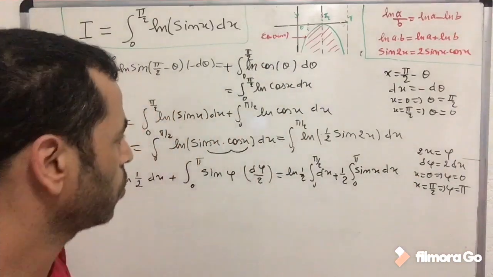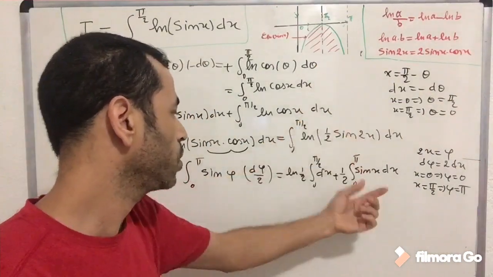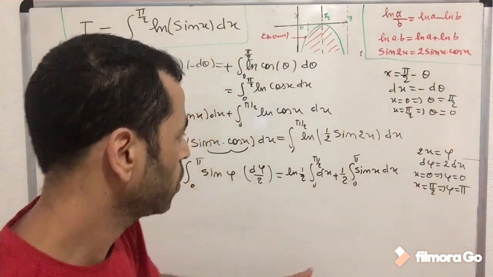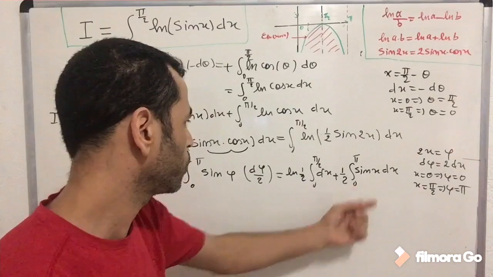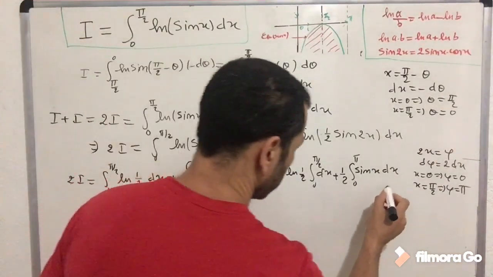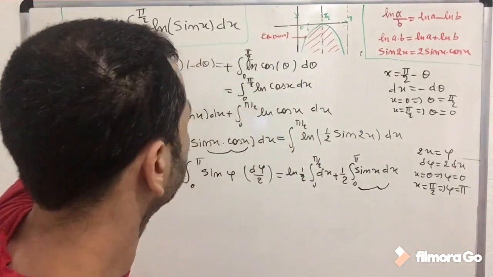It's the same thing, because changing the variable, as we said previously, will not change the value of the integral. If you take a look here, this is I, I over 2. This one is the same, but the bound is different.